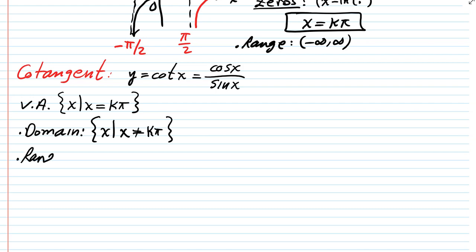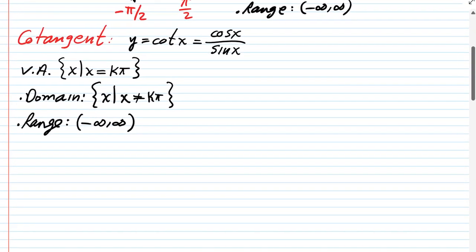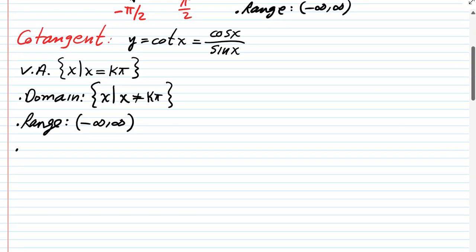The range is going to be negative infinity to infinity, and I'll show you that in the graph. What else? We've got vertical asymptotes, domain, range. Oh, zeros, very important. The zeros, or the x-intercepts of the graph, are the zeros of cosine.